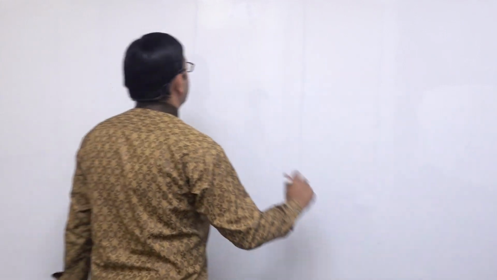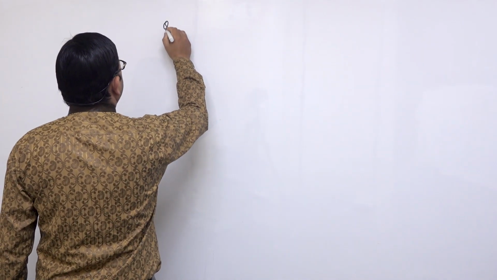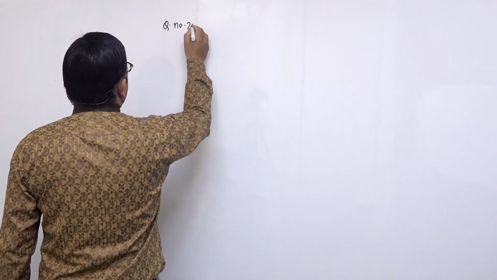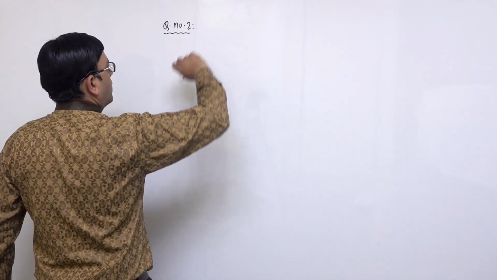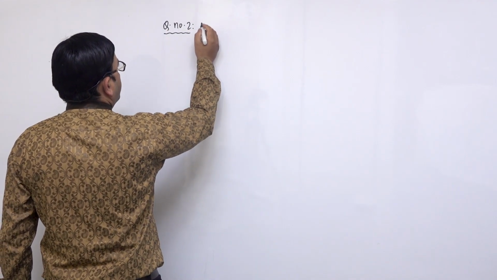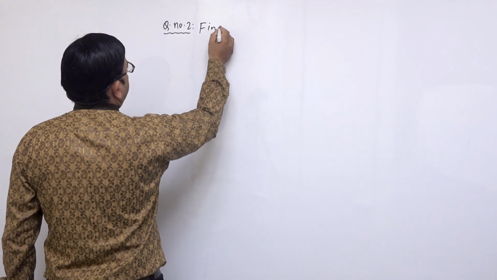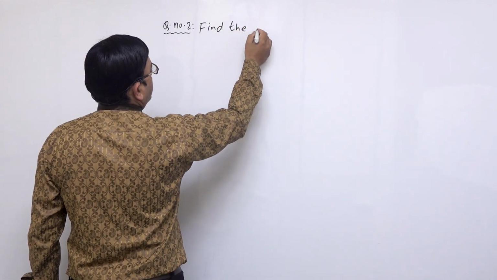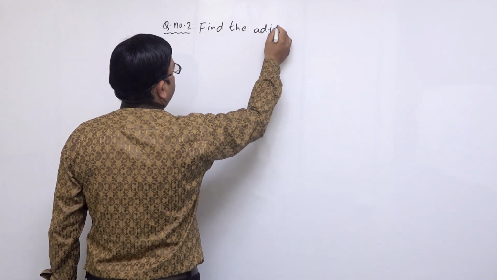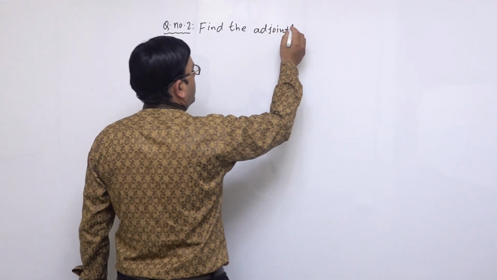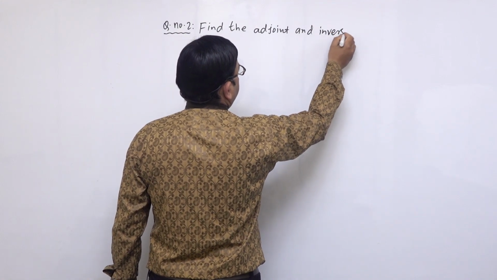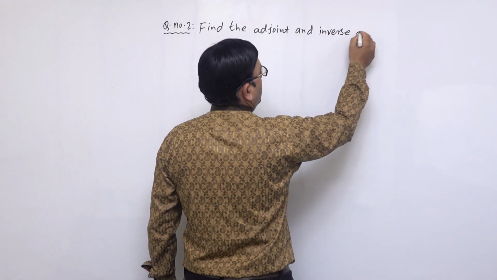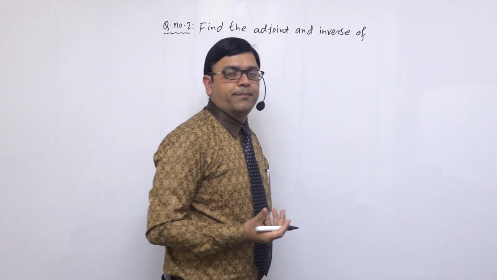Students, now we are going to solve another question. Question number 2. Find the adjoint and inverse of, we can suppose, one matrix.